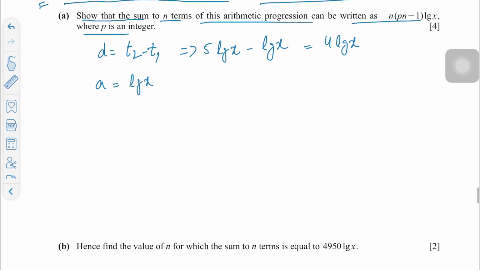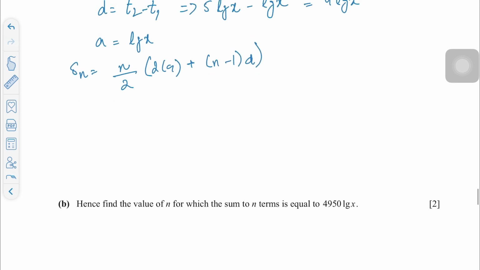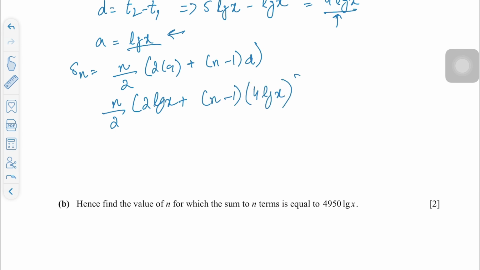We can use the sum to n terms formula, that is Sn equals n over 2. This formula is given in a formula sheet, right? So this is our formula. By plugging in all these, this is a and this is d, we'll be plugging in. This would be n over 2 times 2 lgx, this is multiplied, so this would be 2 lgx plus n minus 1, and our d is 4 lgx, right?